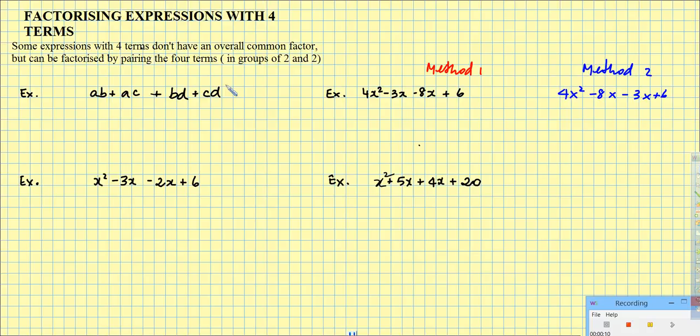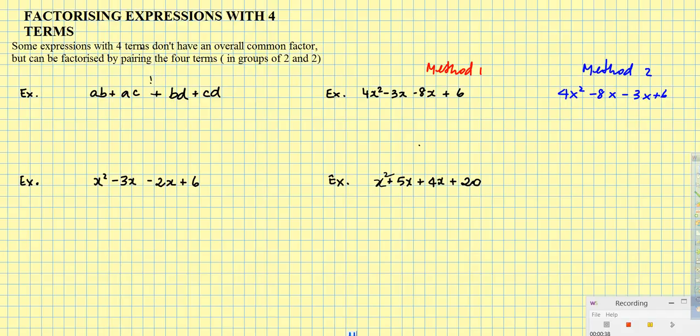So if I take a look at my first example, ab + ac + bd + cd, if I were to place a little imaginary line through the middle here, there seems to be an a that's common to the first 2 terms, which leaves me with b + c inside the parentheses. In the second half, I can remove a d, and I've still got b + c left over.